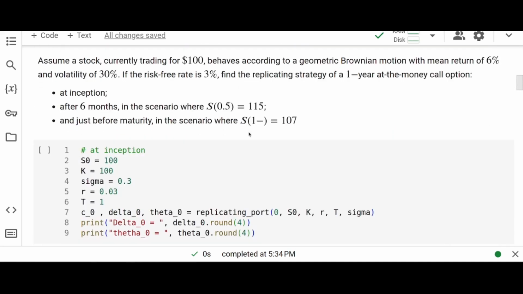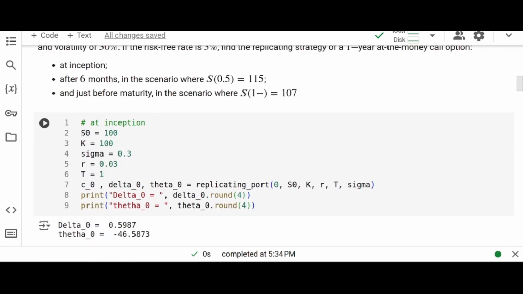So now using this function, we insert the parameters. You see the initial price is 100. The strike price is also 100 because it says at-the-money call option, the volatility is 0.3, the risk-free interest rate is 0.03, and the time to maturity is just 1 year.